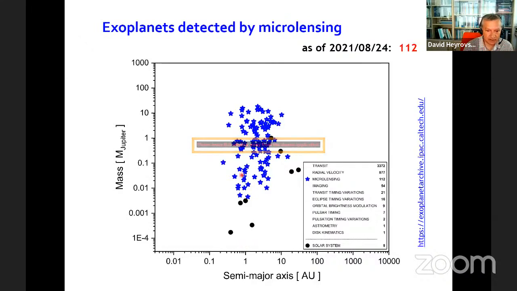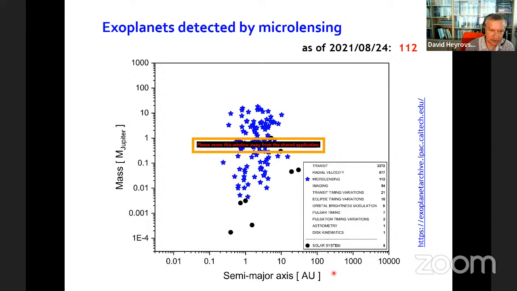And also, you can see that it's sensitive to very low masses. The one which I showed previously, OGLE-2005-BLG-390, is here, and you can see that now there are detected planets which have practically Earth mass, and really practically an astronomical unit from their host star.